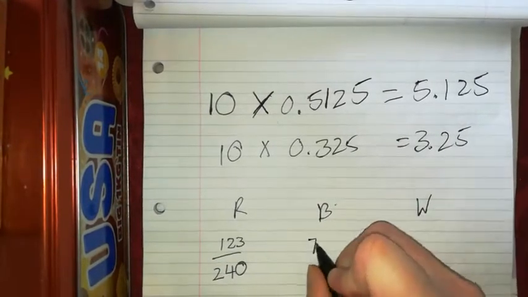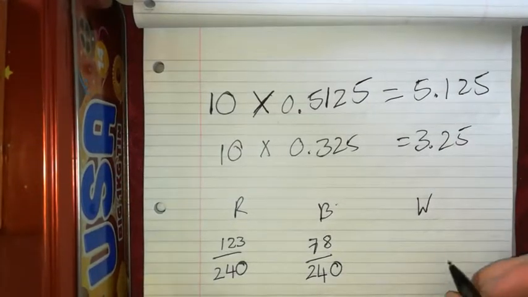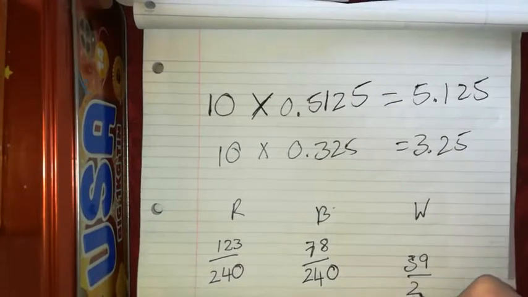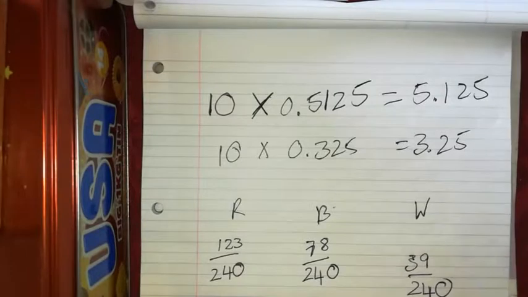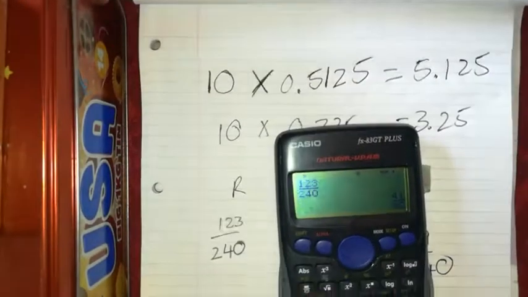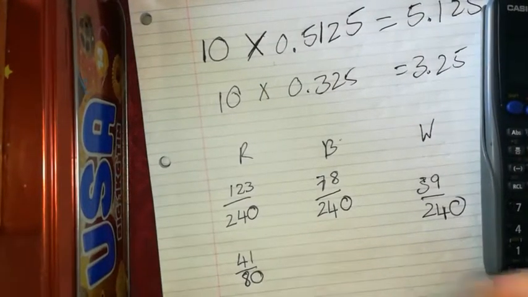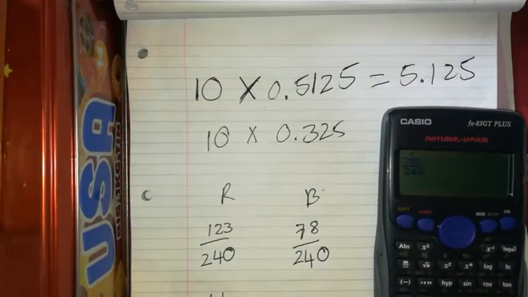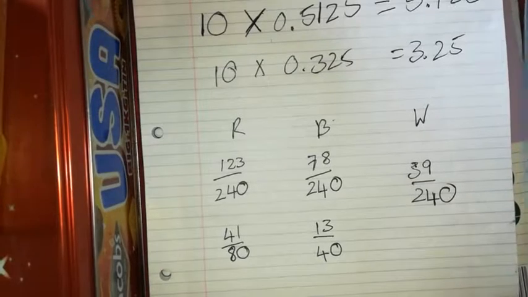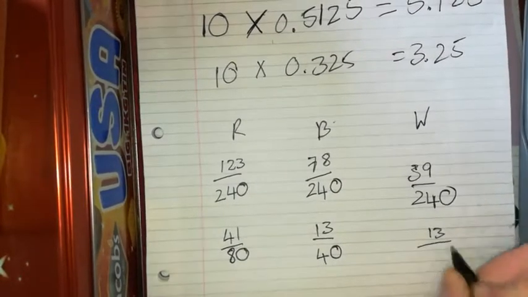Then we had 78 over 240, and then 39 over 240. I'll see if this simplifies. So this simplifies into 41 over 80, the 78 over 240 simplifies to 13 over 40, and 39 over 240 simplifies to 13 over 80.